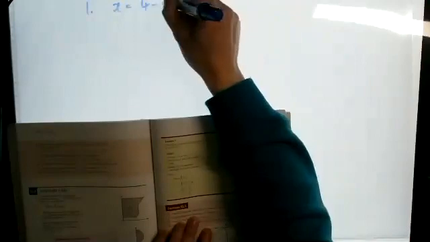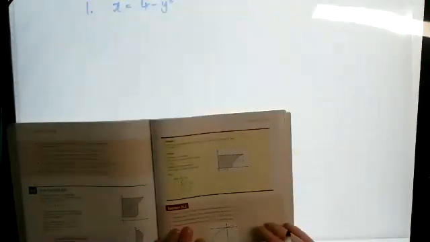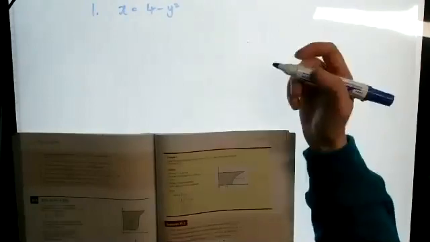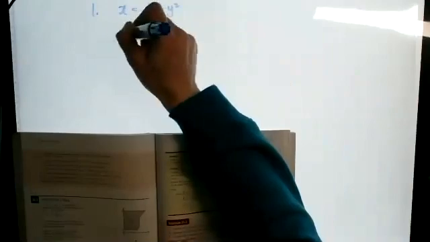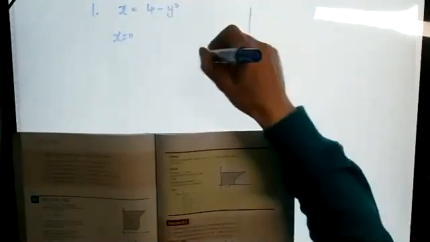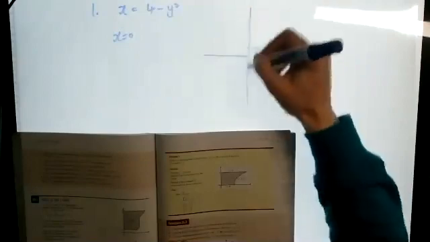Find the area to the right of the y-axis bounded by the curve x equals 4 minus y squared. Now, to sketch the curve, it is easier to catch where the curve meets the y-axis.